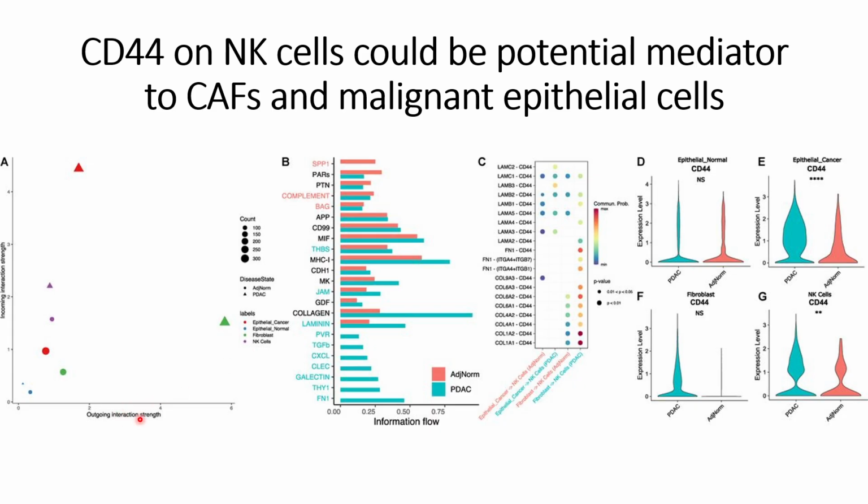What they were able to find out is that the outgoing interaction strength of the fibroblasts is the highest, and the epithelial cancer cells' incoming strength is the highest. However, the normal epithelial cells do not have any significant difference in incoming and outgoing strength, and the NK cells also have incoming interaction strength.